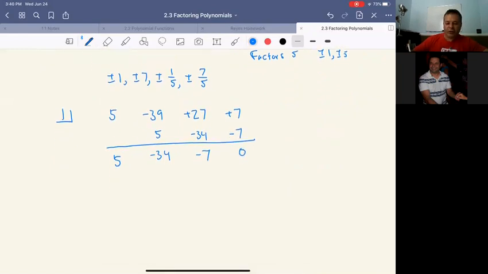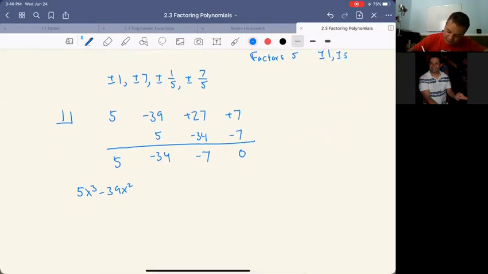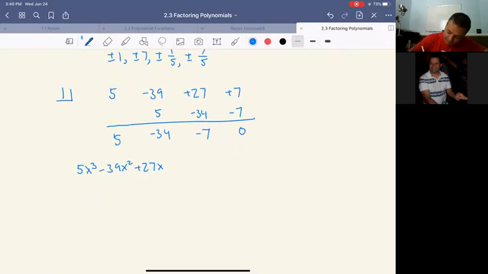So we get our original 5x cubed minus 39x squared plus 27x plus 7 equals x minus 1 times 5x squared minus 34x minus 7.